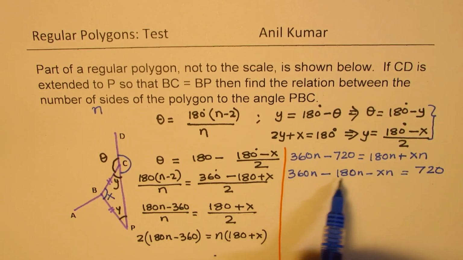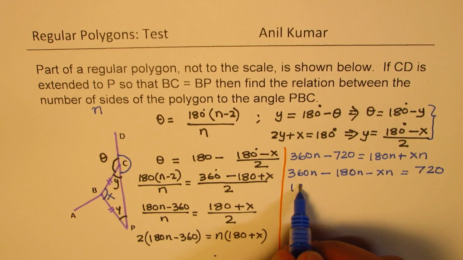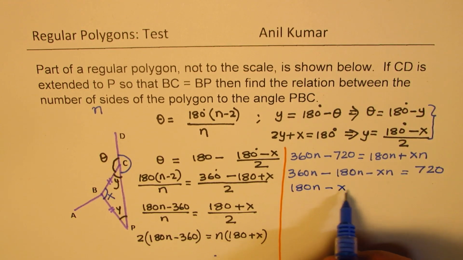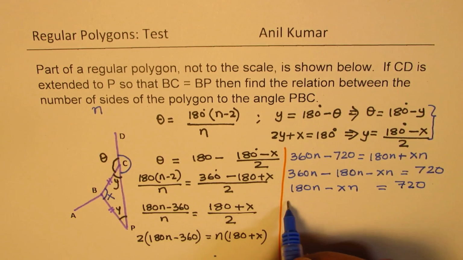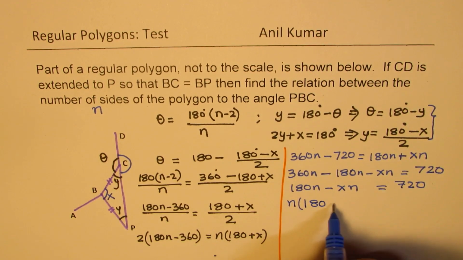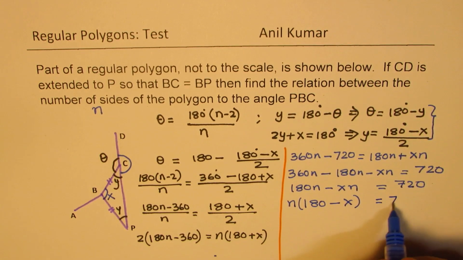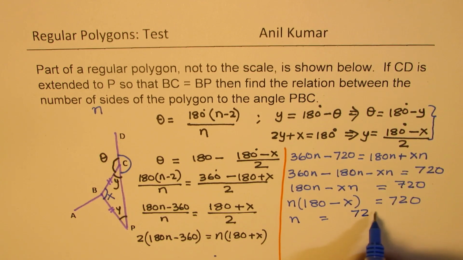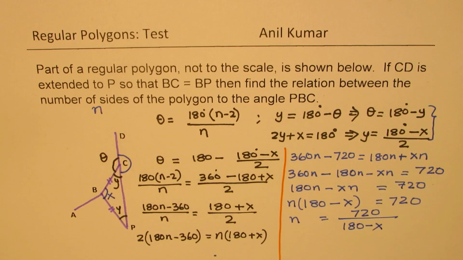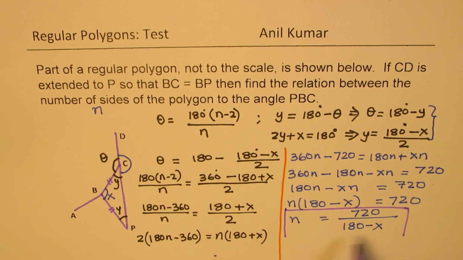Now that gives you 360 minus 180, which is 180. So we get 180n minus x times n equals 720. Taking n common, we get n times 180 minus x equals 720. Now we can isolate n as equal to 720 divided by 180 minus x. Clear? So that becomes a relation between the number of sides and the angle x in the given situation.